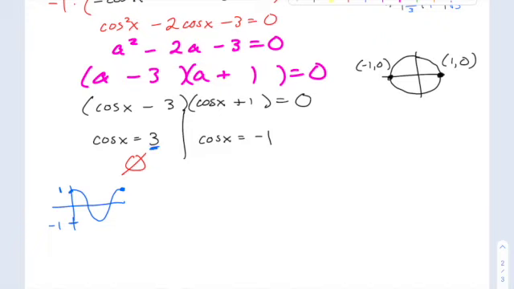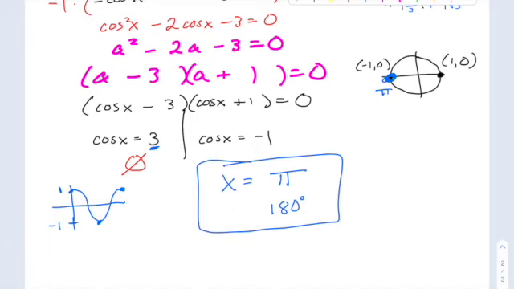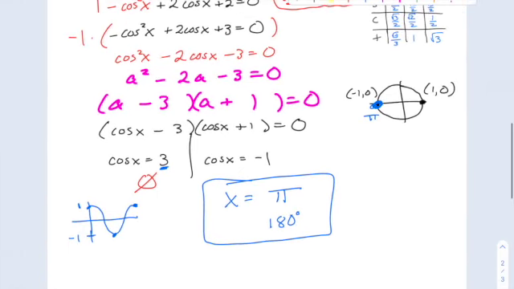But cosine being negative 1, that certainly does have a solution on this graph or on the unit circle, but only one solution. Where is that x coordinate equal to negative 1? Right here at 180 degrees, or pi radians. So there is my answer in radians and degrees, and only one for this problem, pi, aka 180 degrees.